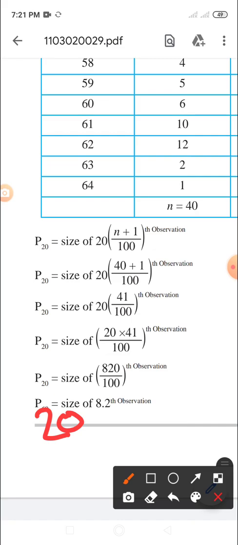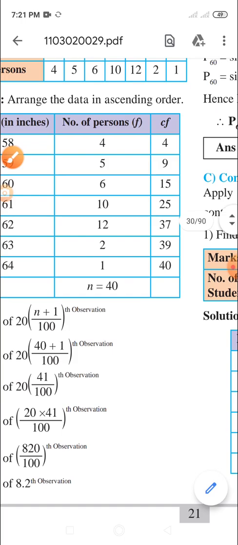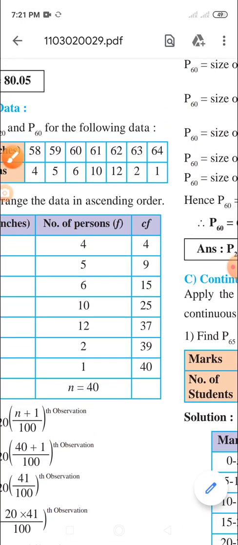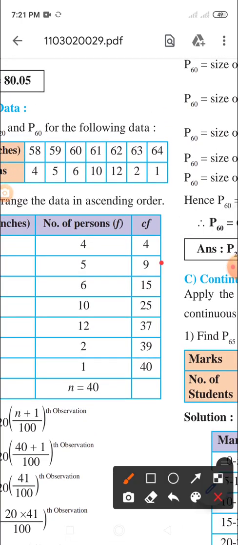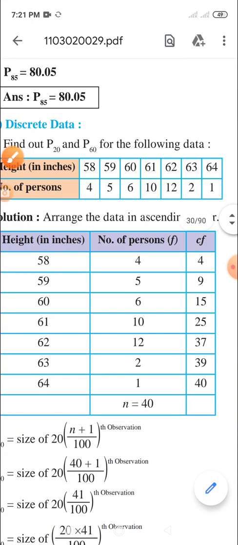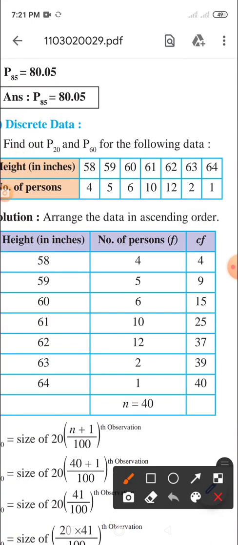So 8.2 lies in CF 9. Our answer is 59, because as per the calculation of quartiles, deciles and percentiles, the value in front of the CF in which the observation lies is the answer.